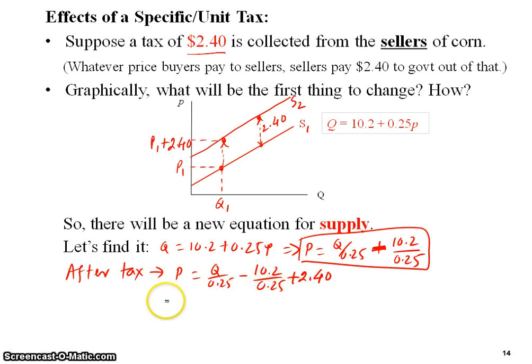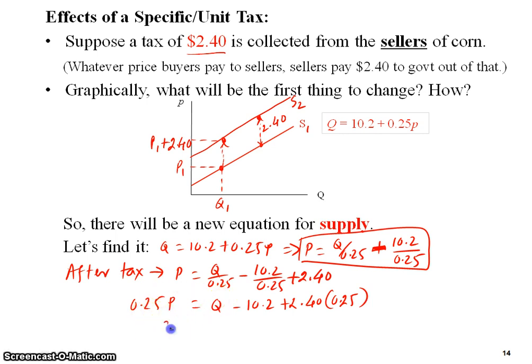Okay, so that will give us this: 0.25 P equal to Q minus 10.2 plus 2.4 times 0.25.